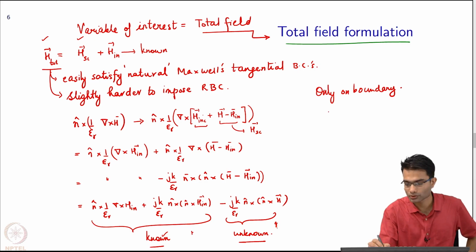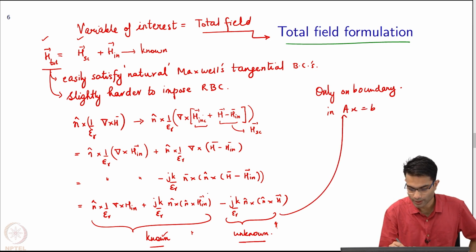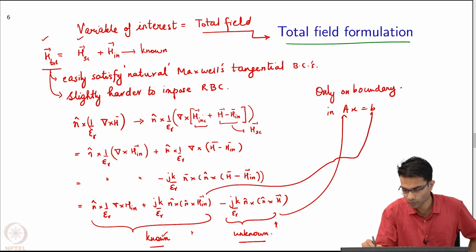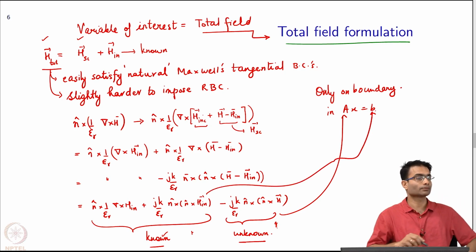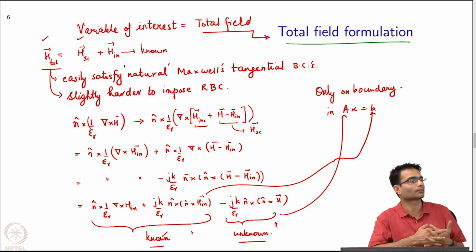So, in Ax equal to b, this term will go into A and this term will go into b. That is how the total field formulation will work.